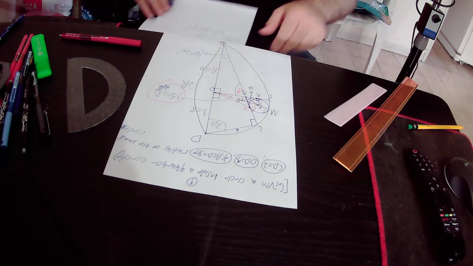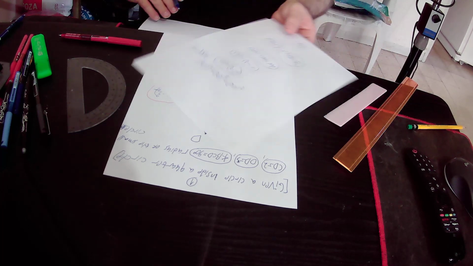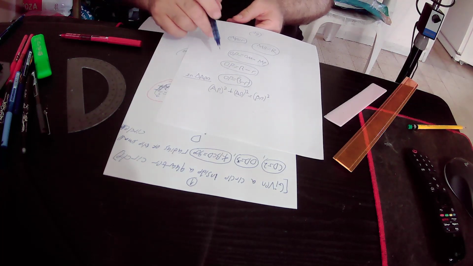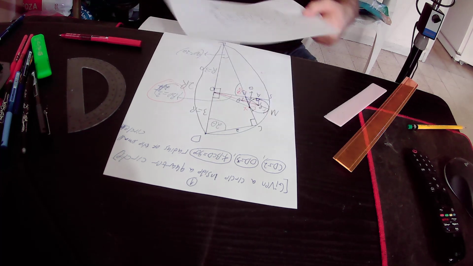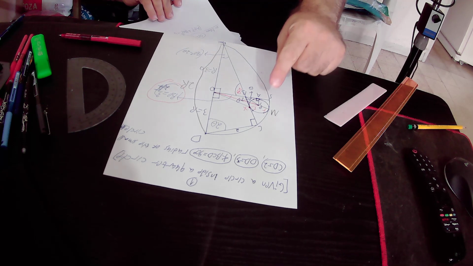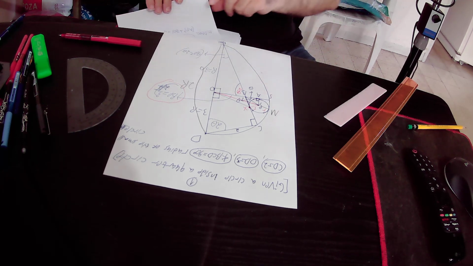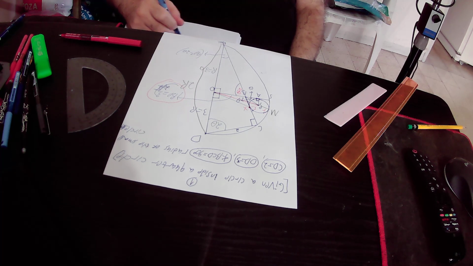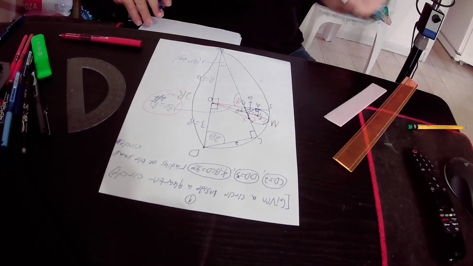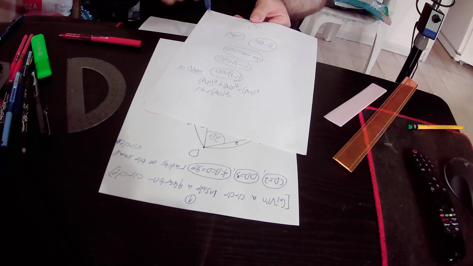According to the Pythagoras theorem, AP square plus AO square equals PO square. What is the value of AP? AP equals small r. So AP square is r square plus AO square equals PO square. We have already found out that PO equals 3 minus r.